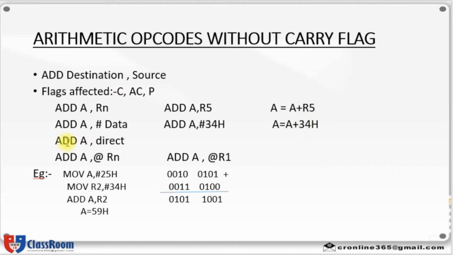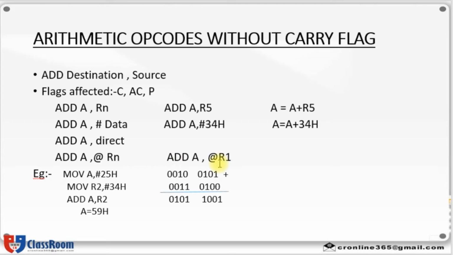Then, third example, add A, direct. Direct means direct address. The contents of direct address is added with the accumulator and you can save the result in accumulator. Then, fourth example is add A, @Rn. @Rn can be any of the registers from R0 to R7.